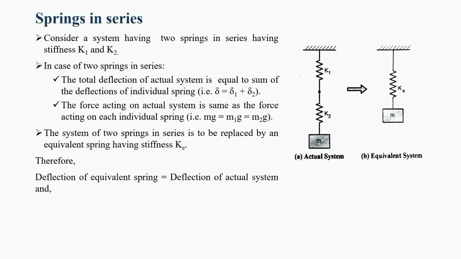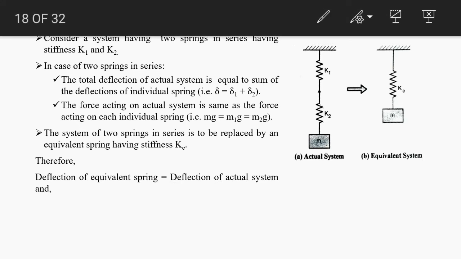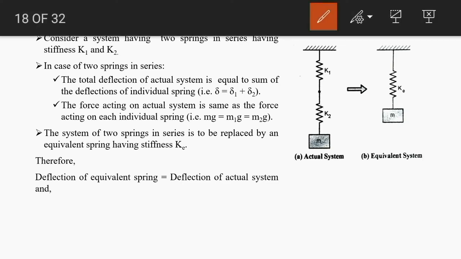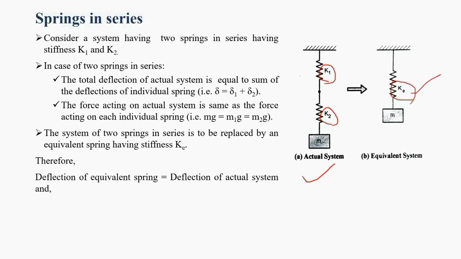So first of all, we are going to find out the equivalent spring stiffness of a system in which two springs are in series. Here for this system, we can see two springs having different stiffness K1 and K2 in series. So this system can be simplified by finding out the equivalent spring stiffness Ke.